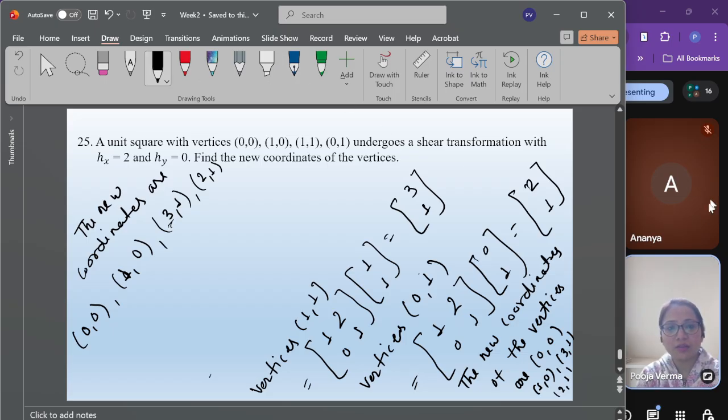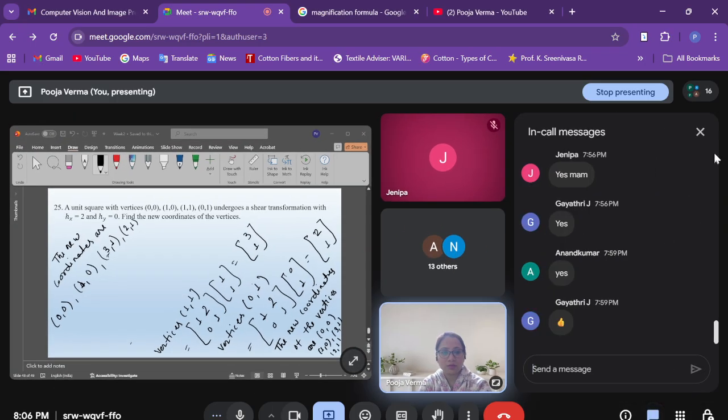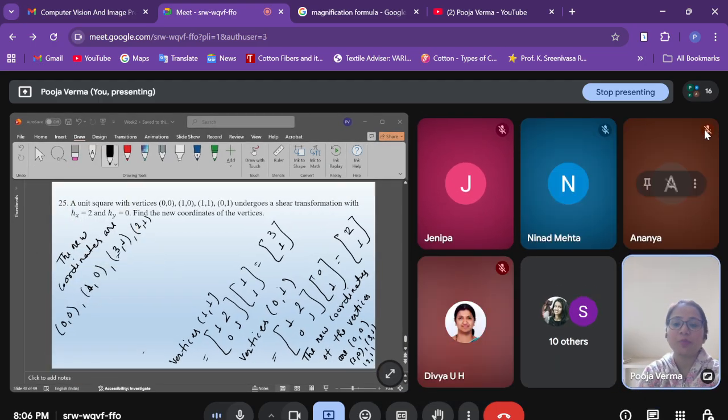Is it fine? Have you understood this question? That is related to the parallelogram that we saw in the theoretical question, how the edges got shifted by using the shear transformation, and that creates a shape with the same area.